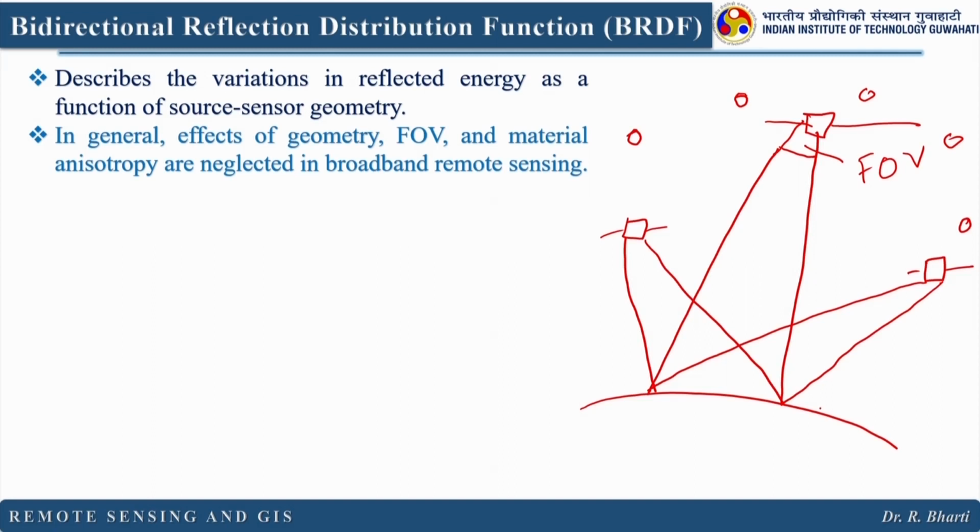Based on this source sensor geometry, the field of view and the material anisotropy, whether it is irregular, regular, very reflecting, or absorbing this energy, it will be difficult to compare X sensor data with Y sensor data with Z, right.